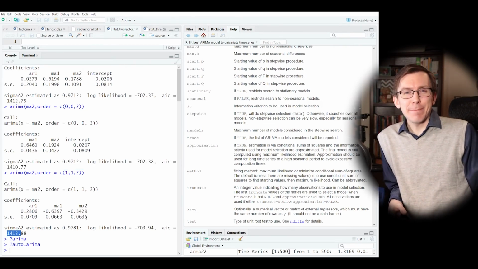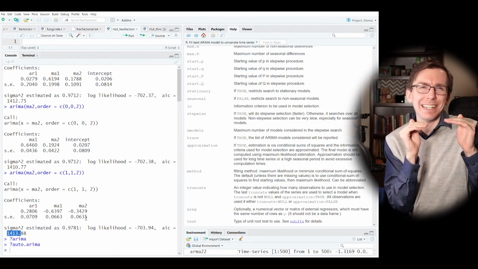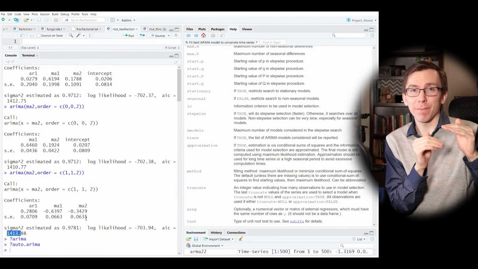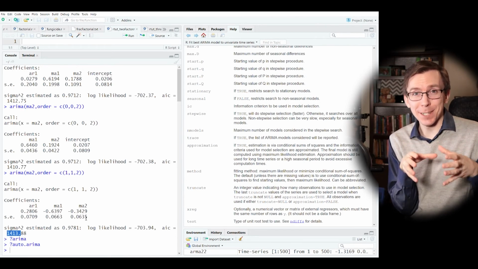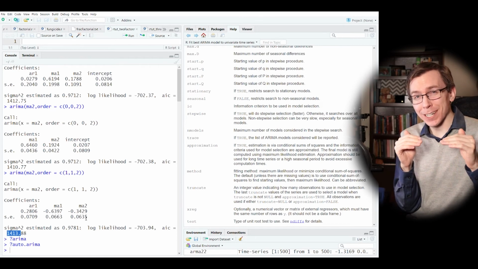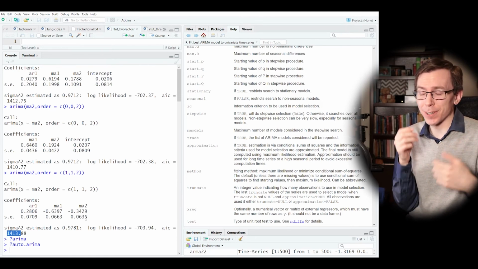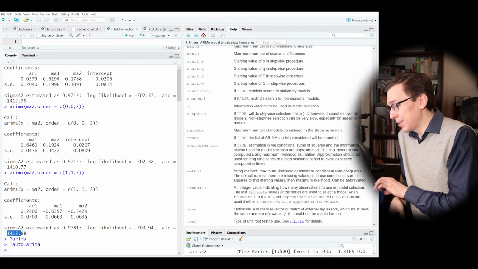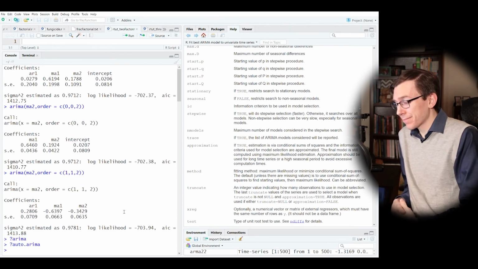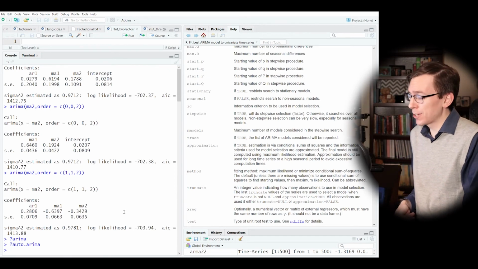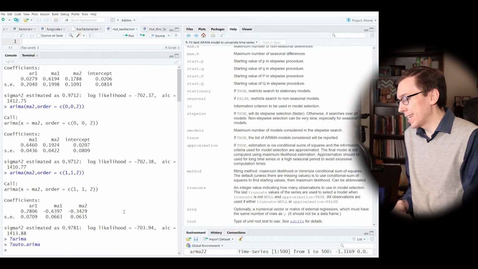And just because one is slightly smaller or slightly greater than the other doesn't mean that we have to choose the one that has the smallest AIC. If the two AICs are extremely close to each other, it means that these models in some sense are extremely close to each other. So ultimately, you could almost pick either, and you might want to look at both of those models and try to see how they represent the data.